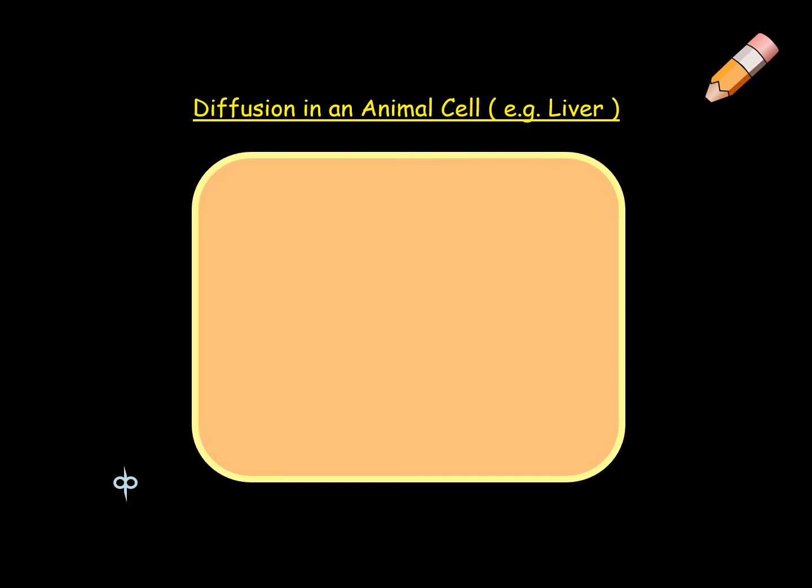Another thing that comes into the animal cell is amino acids, and the gas that's a waste product that has to get out of the cell is carbon dioxide. So amino acids are like glucose, so they'll come in slowly. Carbon dioxide's a gas, so it can just diffuse rapidly like oxygen. And your animal cells will make proteins. Now proteins are too big, they can't fit through the cell membrane.